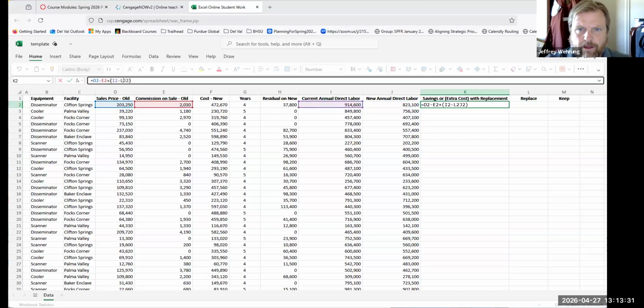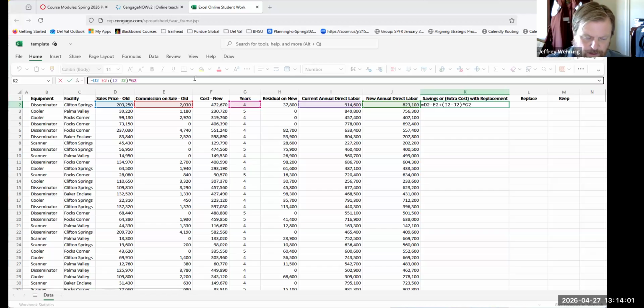We can multiply that times our 4 years. Okay. So we took selling the old equipment minus the commissions on the old equipment, and then we have our yearly savings, which would be the difference between what we're paying now and what we would be paying. Okay, so that would be savings times the 4 years that we're going to save it for.